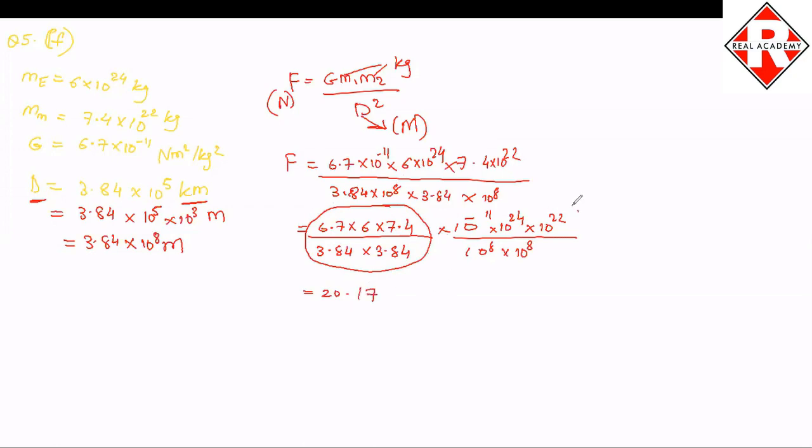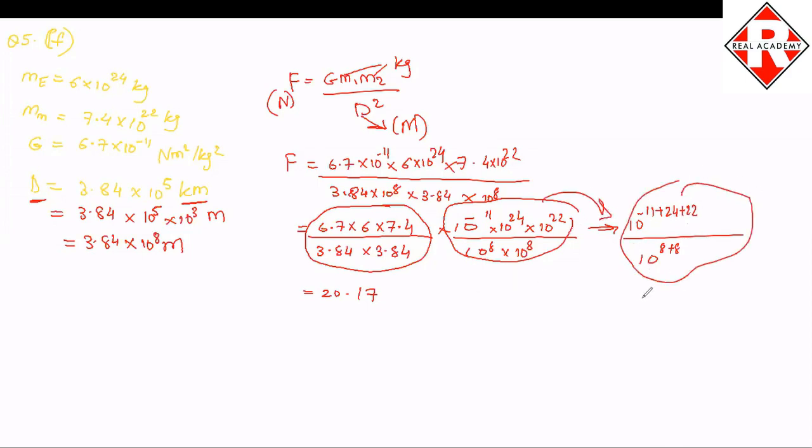20.17. And how do we solve the other part? It is basically going to be 10 raised to minus 11 plus 24 plus 22 upon 10 raised to 8 plus 8. I'm just solving this part, okay? Now the 8 plus 8 in the denominator will become 16.